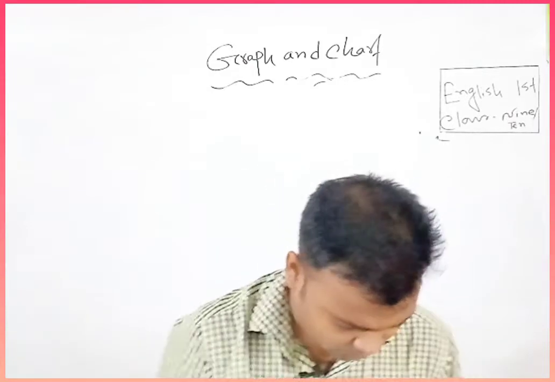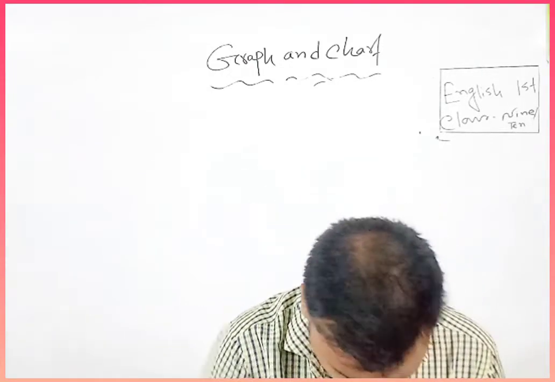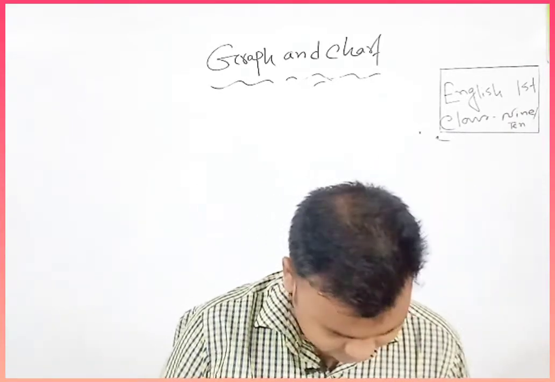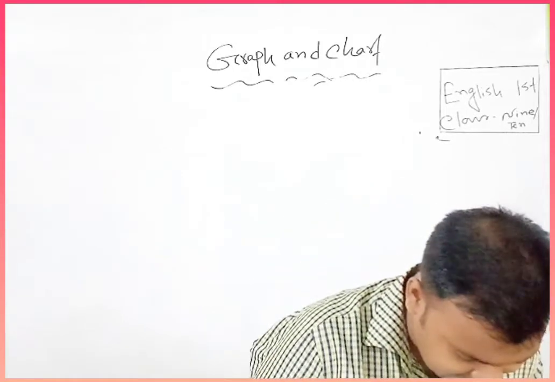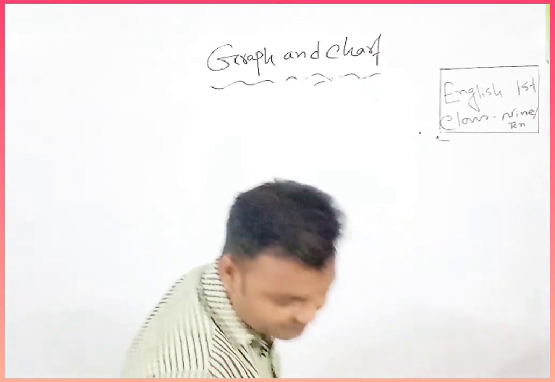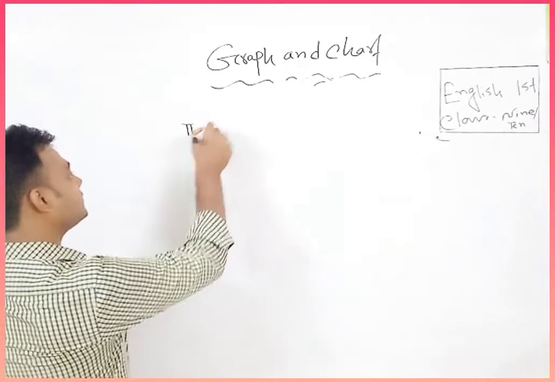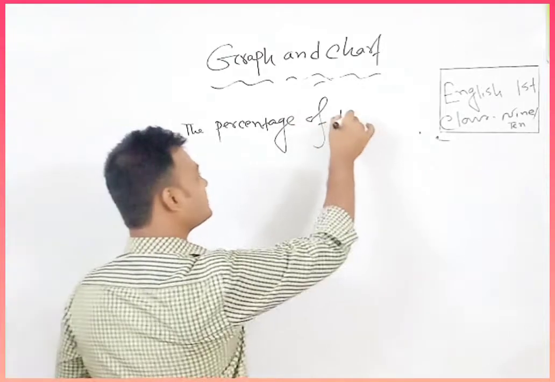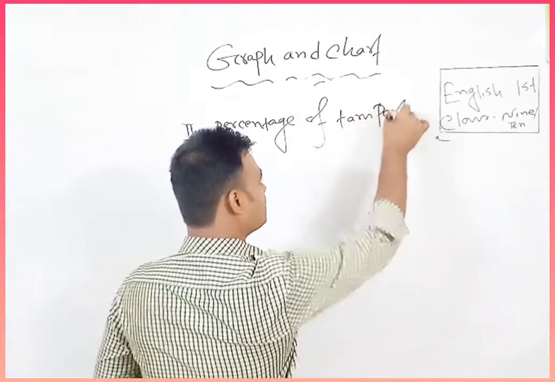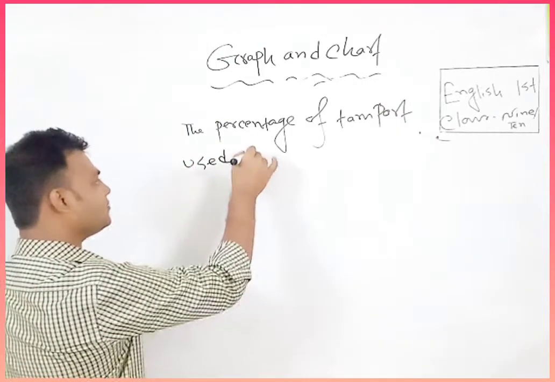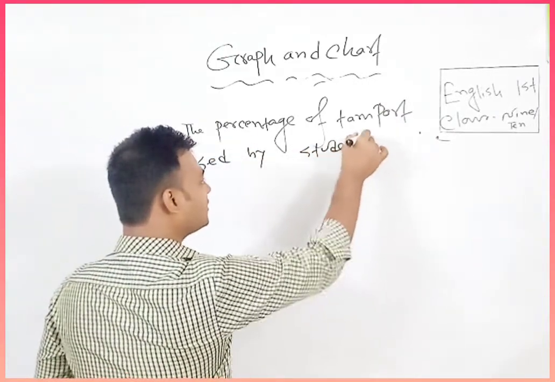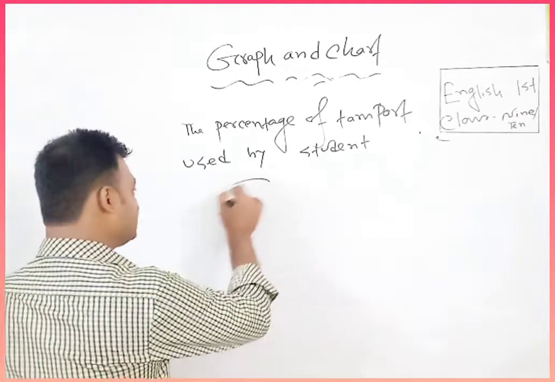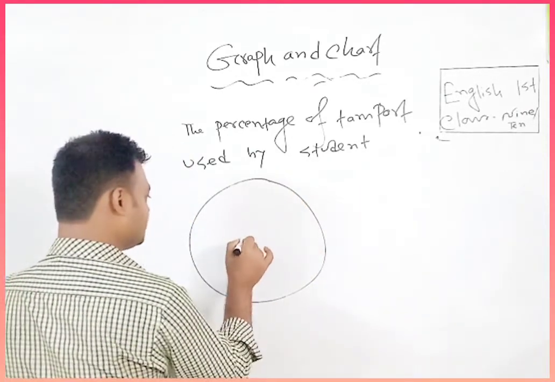Today we have discussed number 3, and number 4, the population growth rate, I have already discussed with you. Number 4 is the percentage of transport used by students, meaning which transports students use to travel. This is called a pie chart, and we will draw a pie chart.